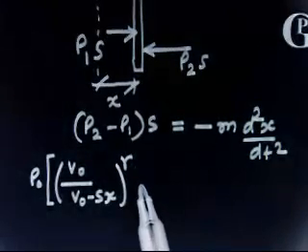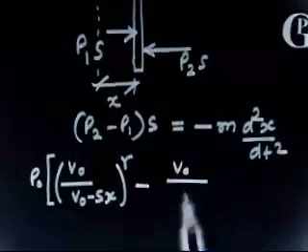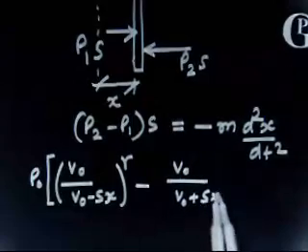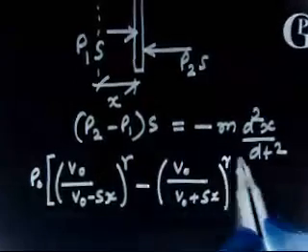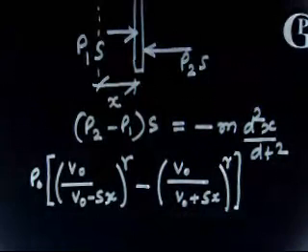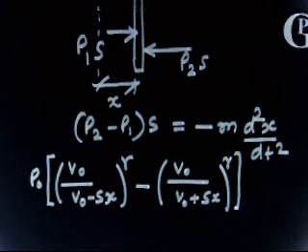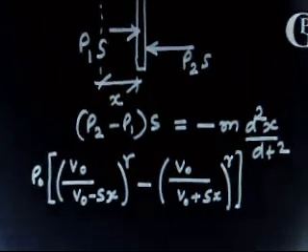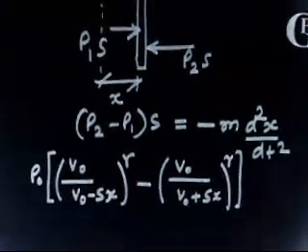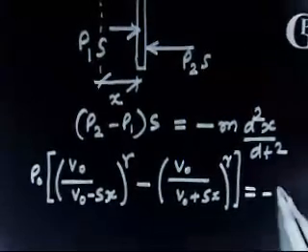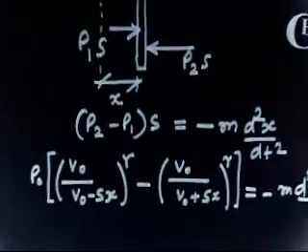This is P2 minus P1, with V0 divided by (V0 plus Sx) to the power gamma. Are you getting? So P2 minus P1 is equal to minus m d2x by dt square.